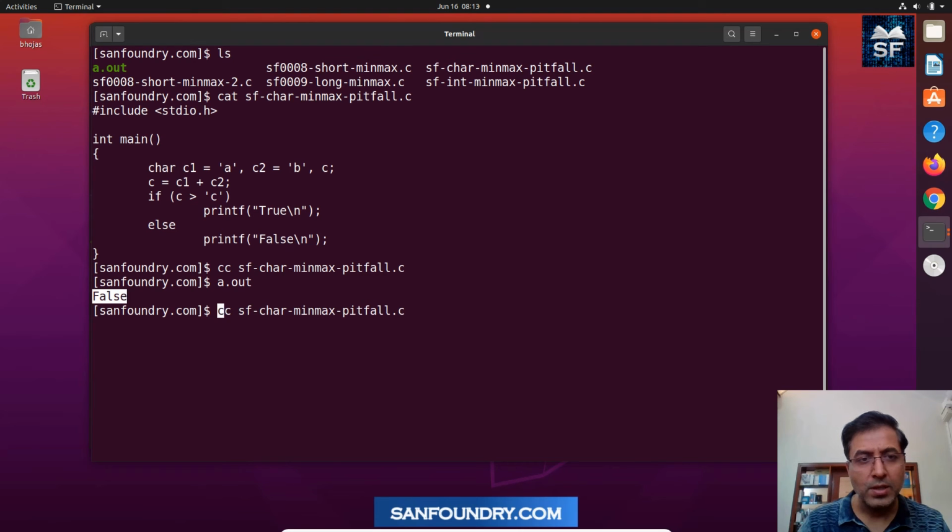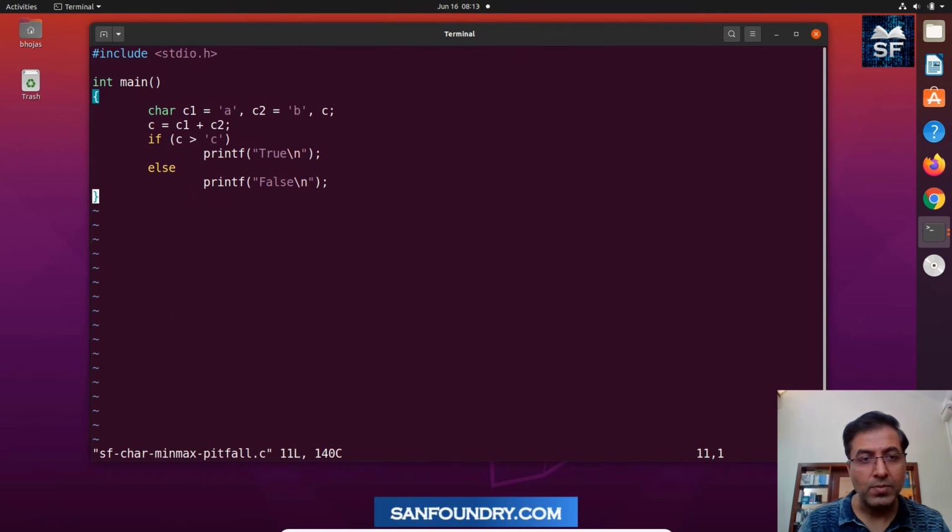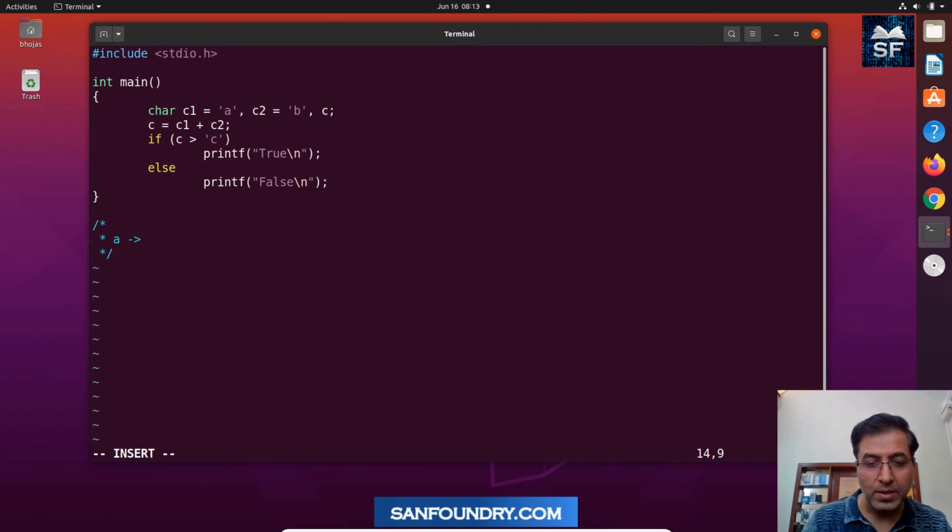Let's try to understand a little bit about why the answer is false, why it is not true. So let's go into the Scratchpad in terms of the editor. Now I'm going to write the explanation. What's the ASCII value of a? We are storing a into c1. The ASCII value of a is 97. What's the ASCII value of b?